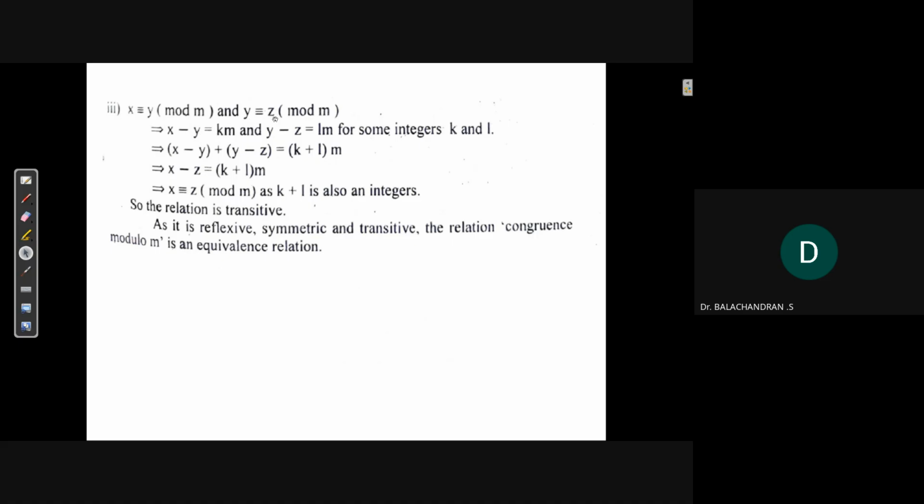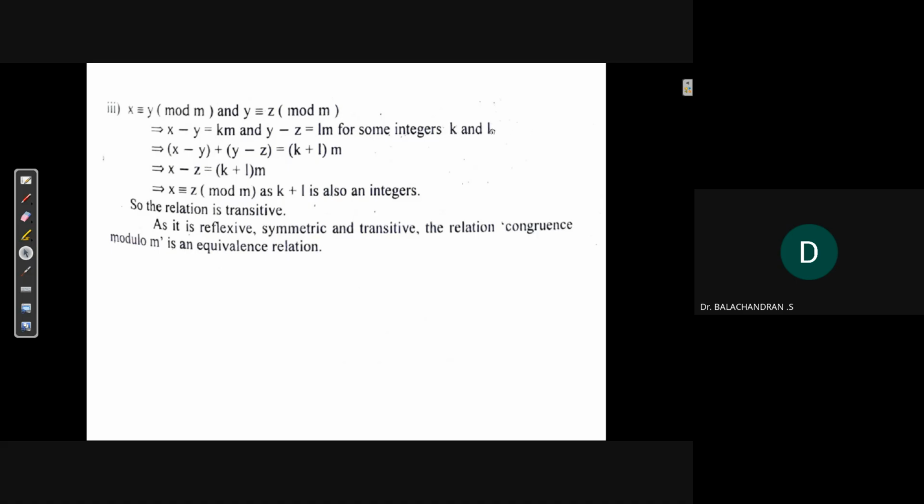Similarly, y is congruent to z mod m means y minus z is divisible by m, so y minus z equals some L into m, for some integers, which may be positive or negative, some integers k and L.